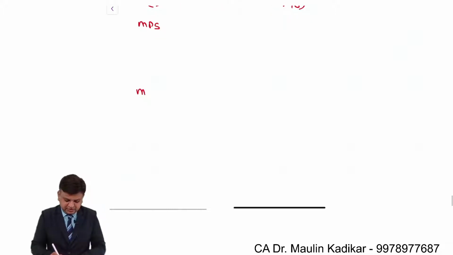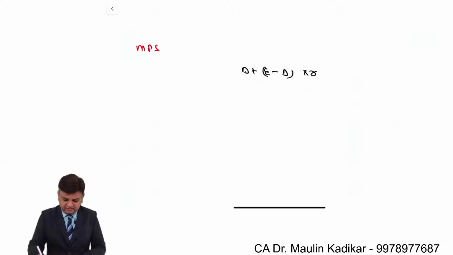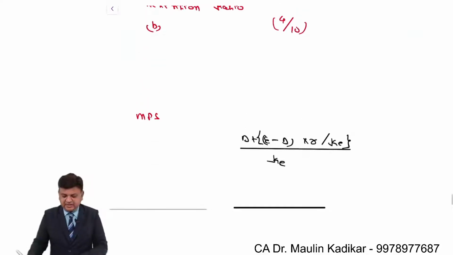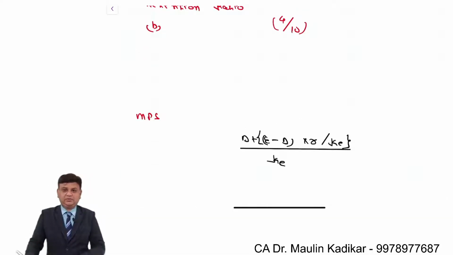Market price of the equity share is dividend per share plus earning per share minus dividend per share into R upon K, whole upon K. I am taking the given dividend per share into account.